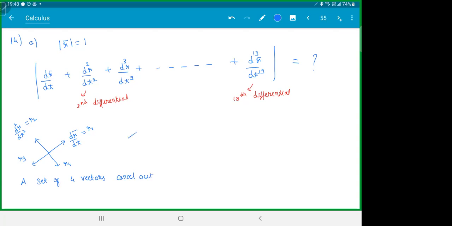Similarly R5, R6, R7, R8 also will cancel. R9, R10. So you just remove the sets of 4 vectors and you're just left with R13. Make sense? So indirectly you're just taking the magnitude of R13.